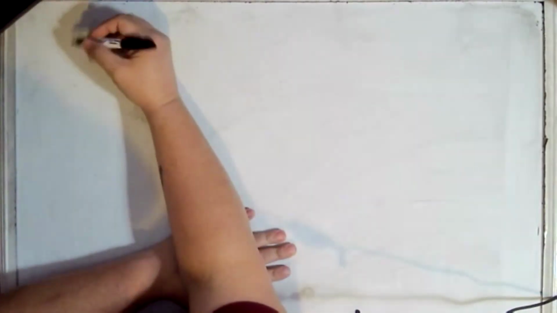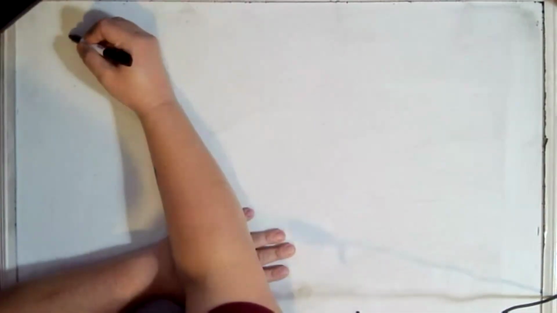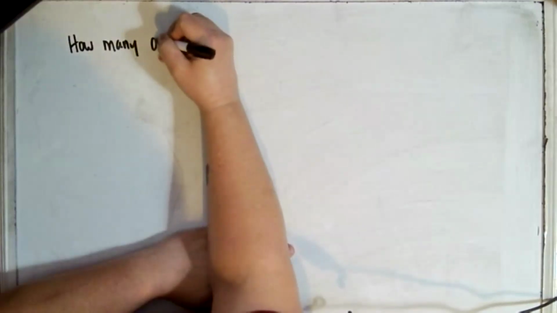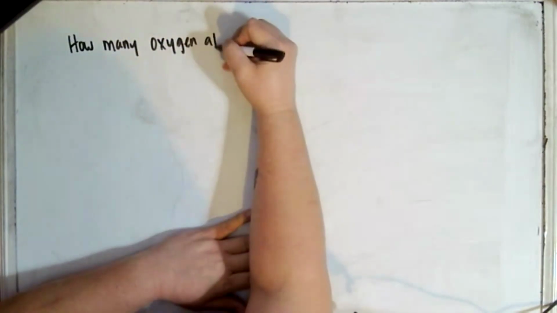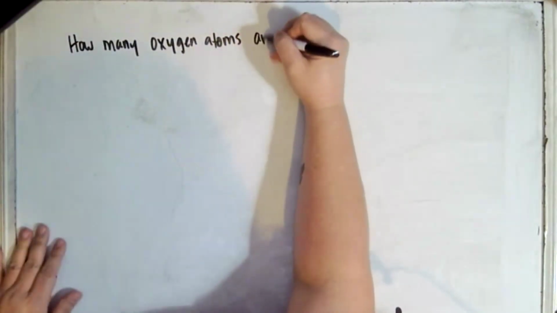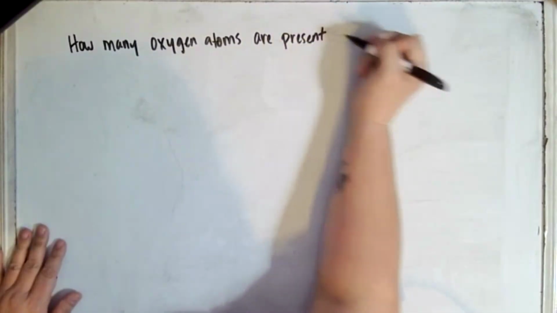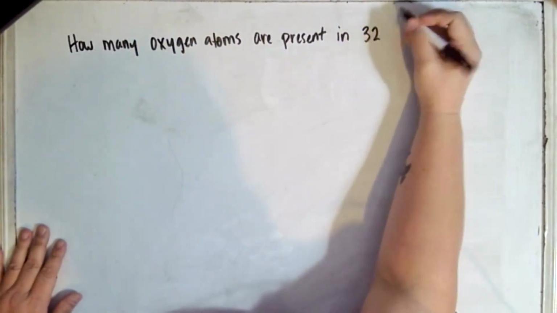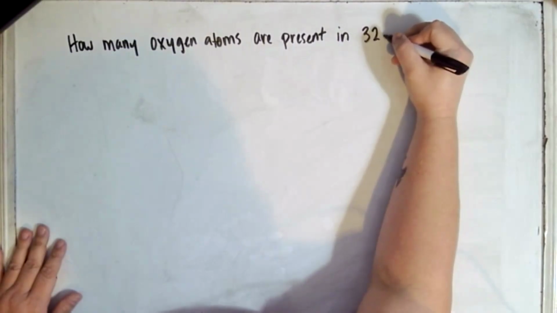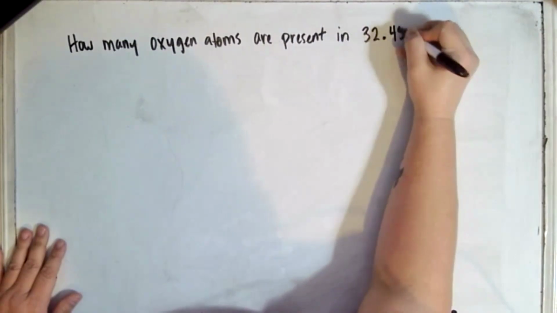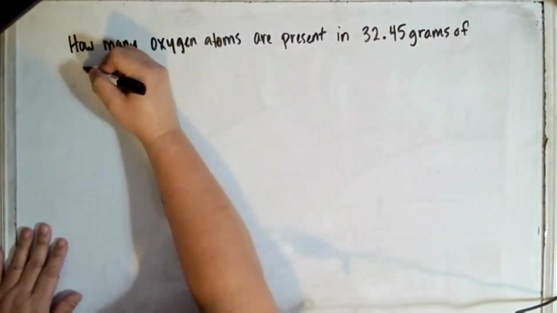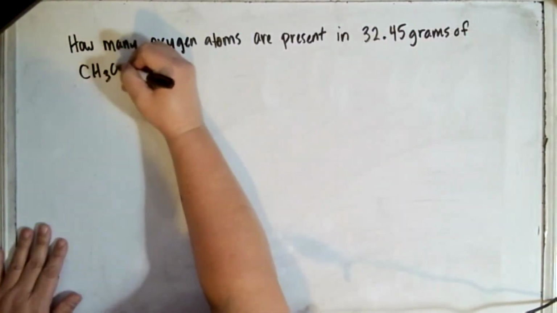Okay, so let's say I have, how many oxygen atoms are present in 32.45 grams of CH3OH?